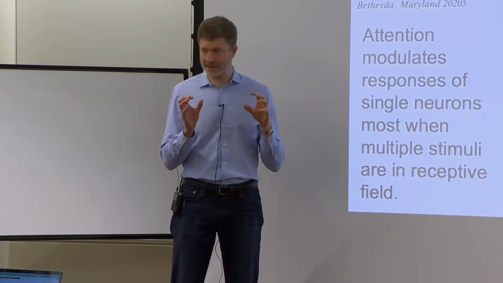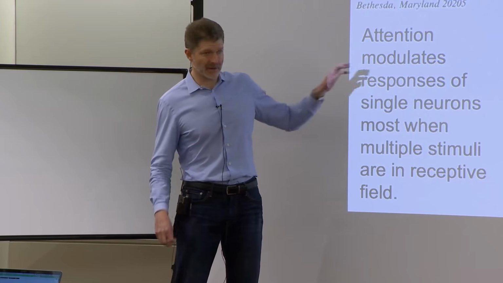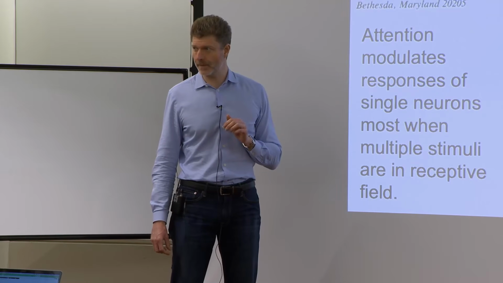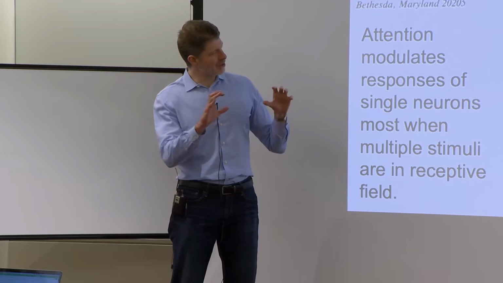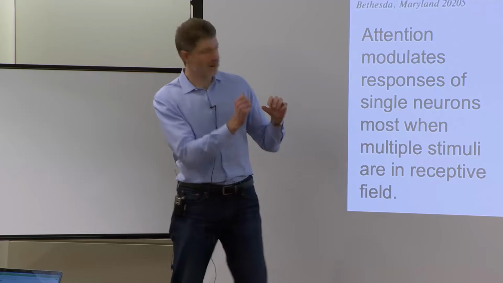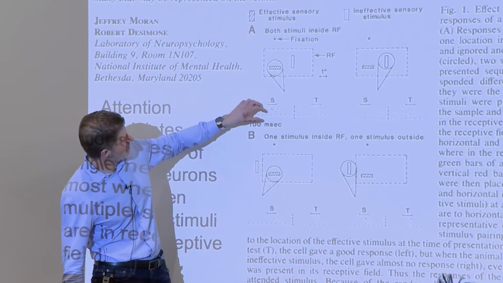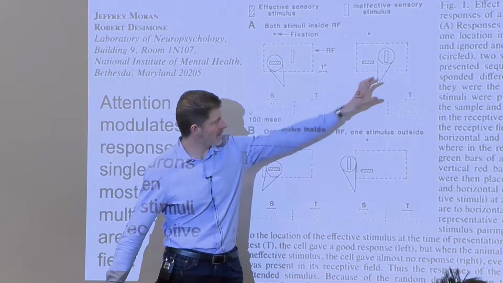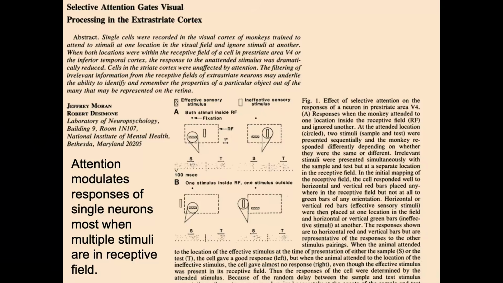So there is this effect of what you're attending to on the response of single neurons, and those effects are most pronounced when there are multiple stimuli within the receptive field. Okay? And so one way to think about this is that attention is causing the receptive field effectively to shrink, right? To shrink around the attended stimulus. And so in this particular case, it shrinks around the effective stimulus, and so you get a big response. In this case, it shrinks around the ineffective stimulus, and you get a smaller response. Okay? All right, so that's just one example.